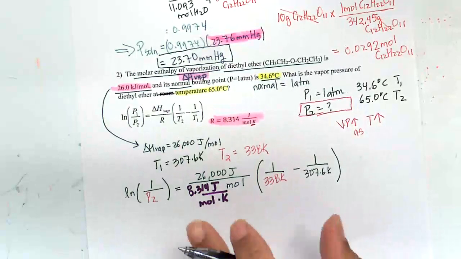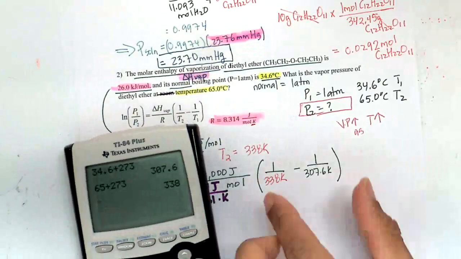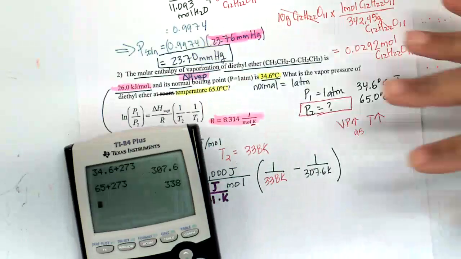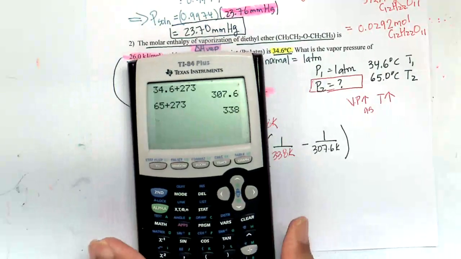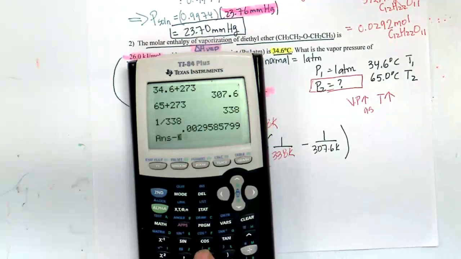All right, so does everybody know how to do this on our calculator? All right, let's quickly do this on our calculator together. So first, I would do this. There's many ways to do it. I'll show you how I would do it. But whatever you do, just make sure you know how to do it on your calculator, however you want to do it. So I'll do this fraction first. 1 over 338, minus 1 over 307.6.